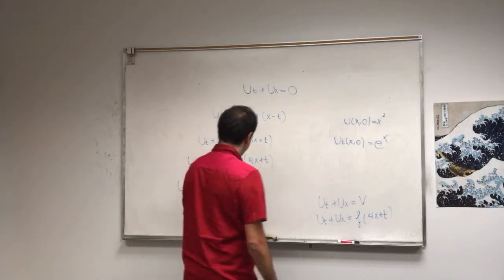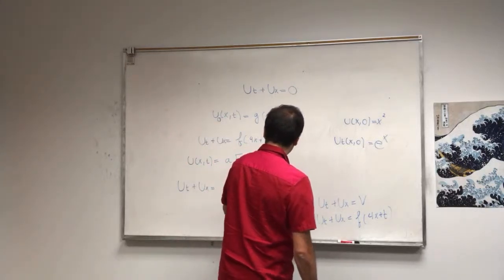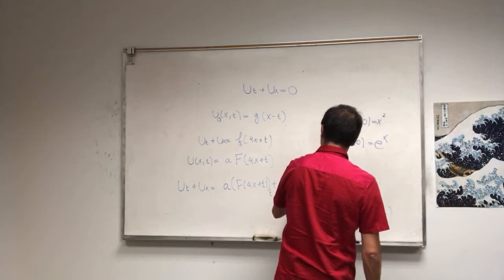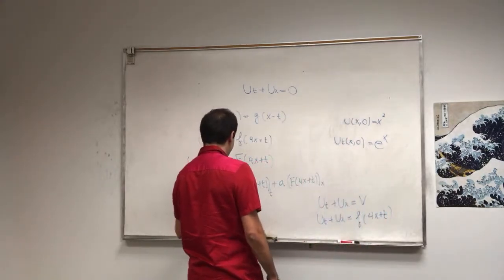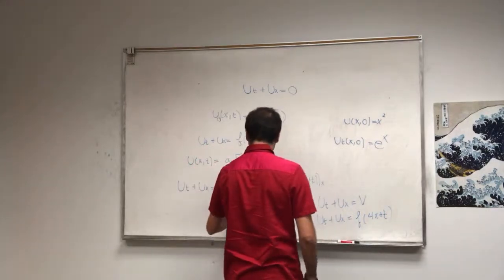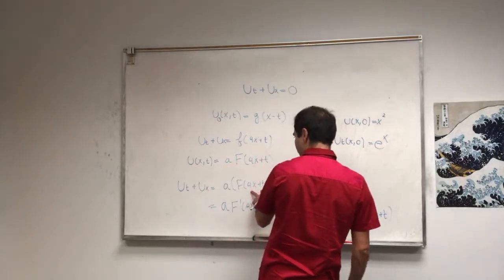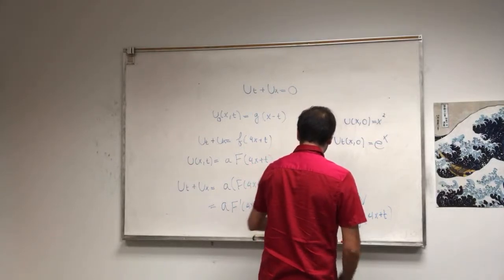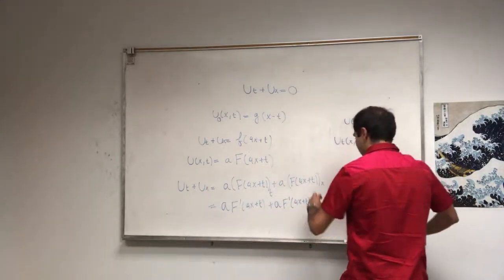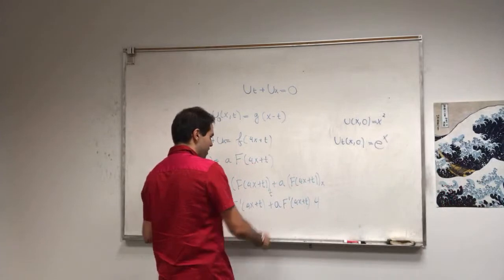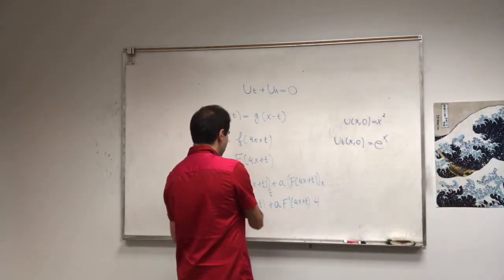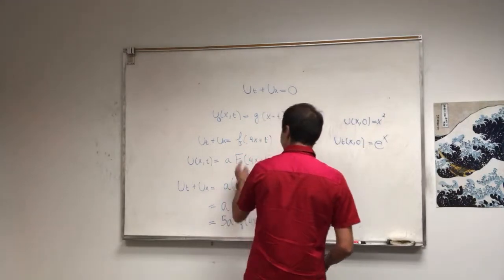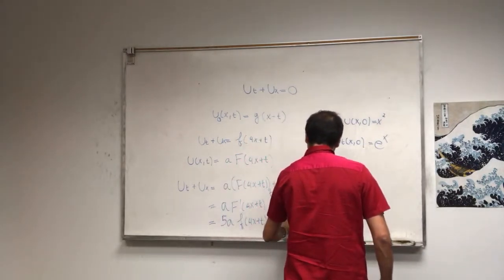That's a times F prime of 4x plus t times the derivative of that with respect to t, which is 1, plus a times F prime of 4x plus t times the derivative of 4x plus t with respect to x. Using the chain rule, you basically get 5a, and the derivative of capital F is little f of 4x plus t, and ideally you want this to be f of 4x plus t.